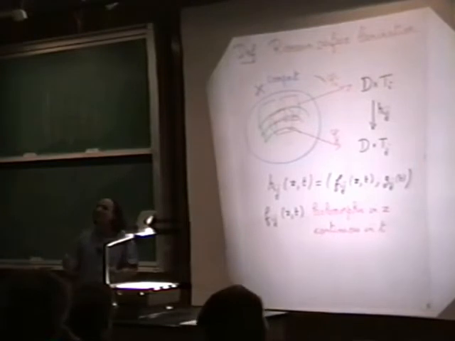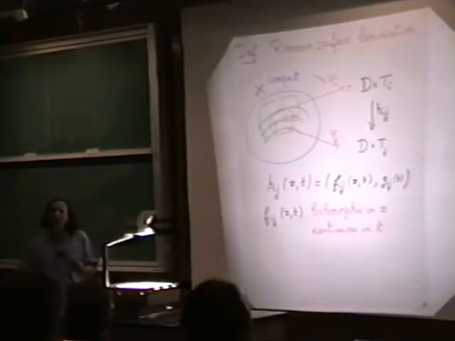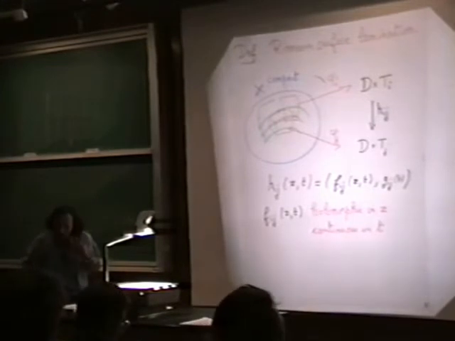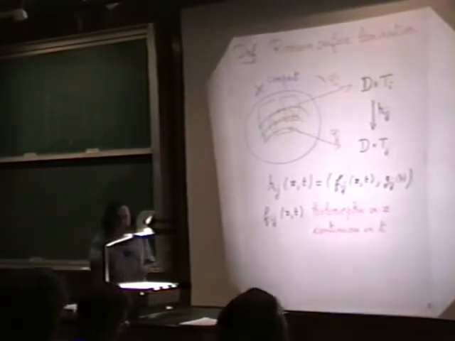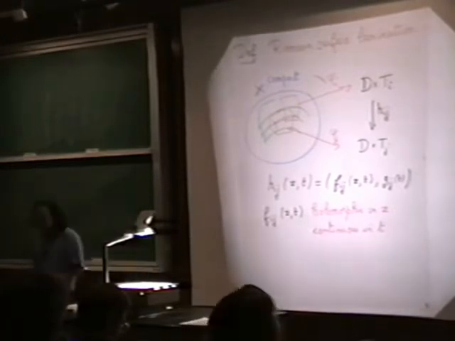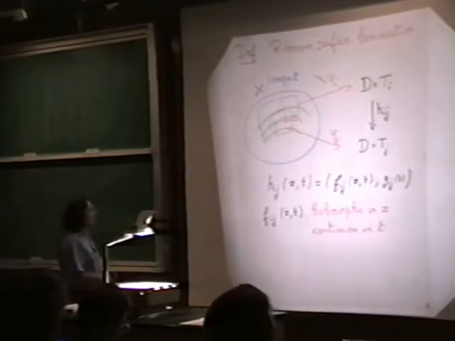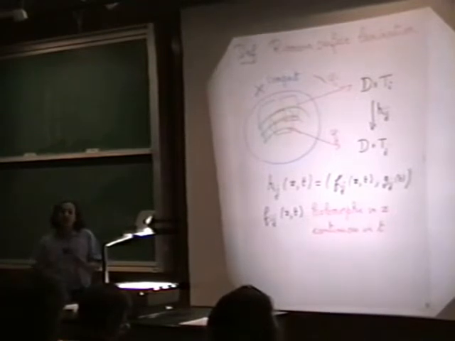I'm not going to work from the holomorphic structure. So this is what a Riemann surface lamination is, and what I would like to develop in this series of lectures is that we would like to understand these objects by themselves.